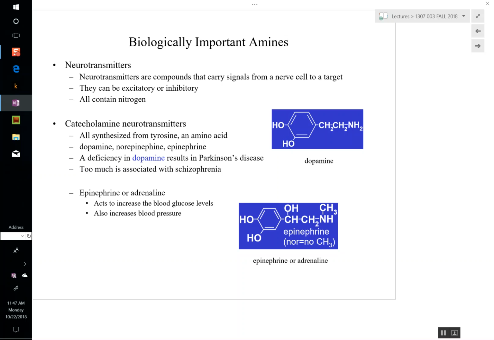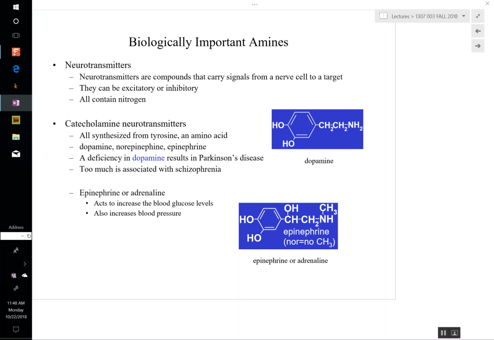All right, now here are some biologically important ones, and you don't have to memorize these structures. The purpose of these slides is just to show you this class of compound we're looking at right now is very medically significant. When you talk about dopamine, it's got amine in the name.